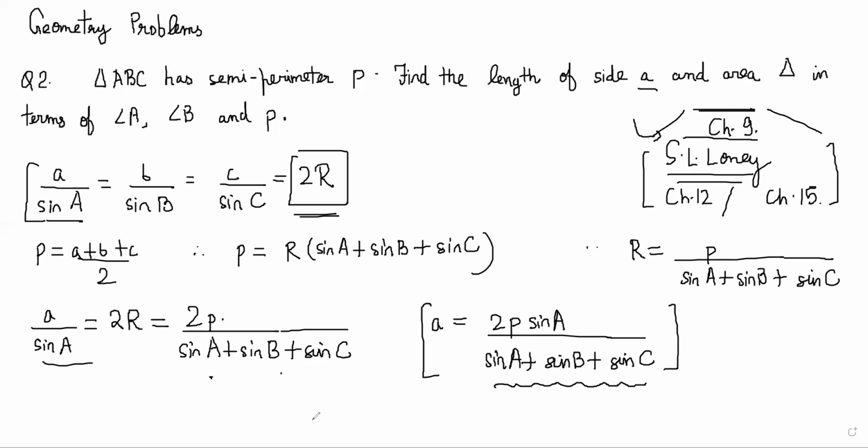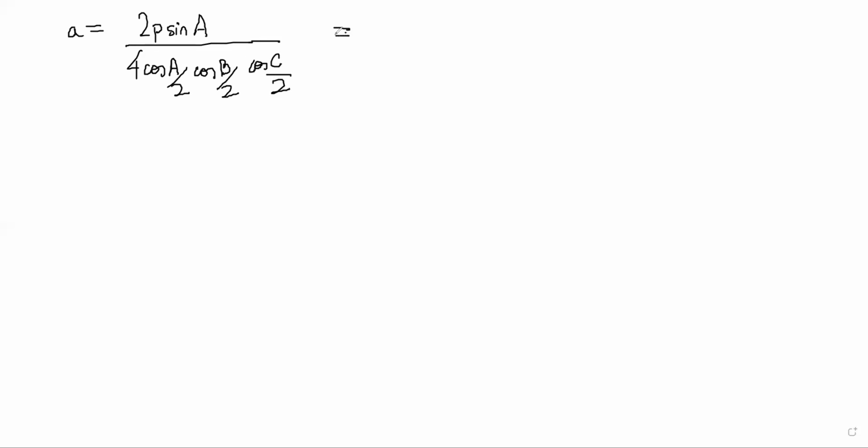So therefore, what we can say is a is equal to 2P sine A by 4 cos A by 2, cos B by 2, cos C by 2. And now we have to somehow remove C by 2.